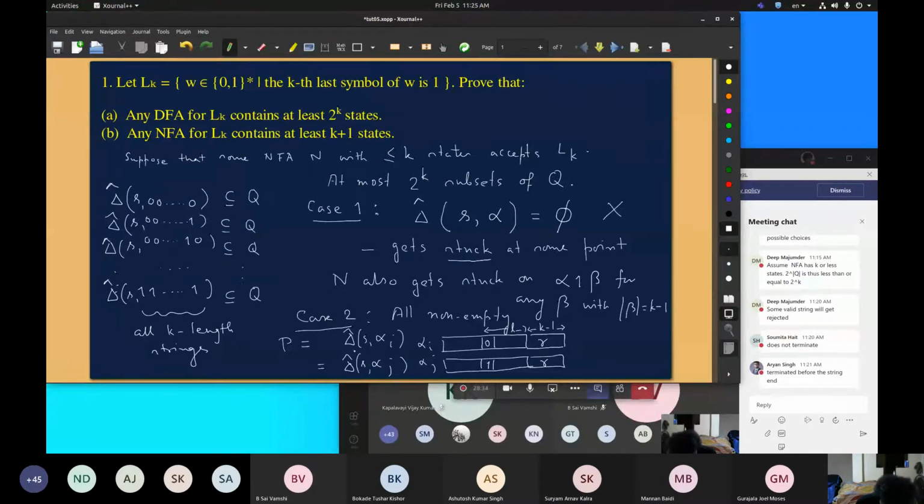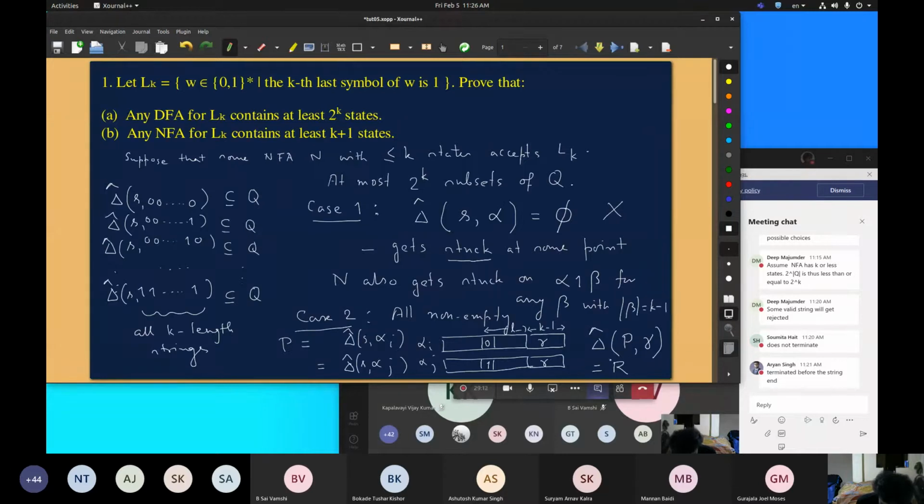But the acceptance or rejection of that string depends actually on delta hat. I'm using a bit of abuse of notation. I am using a subset here, P gamma. So it's a non-empty set. You apply gamma on it, and then you see whether this set, if you call it R, contains a final state.